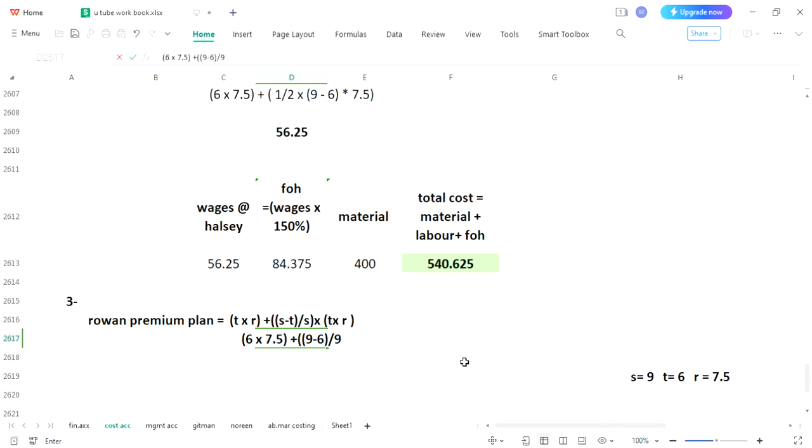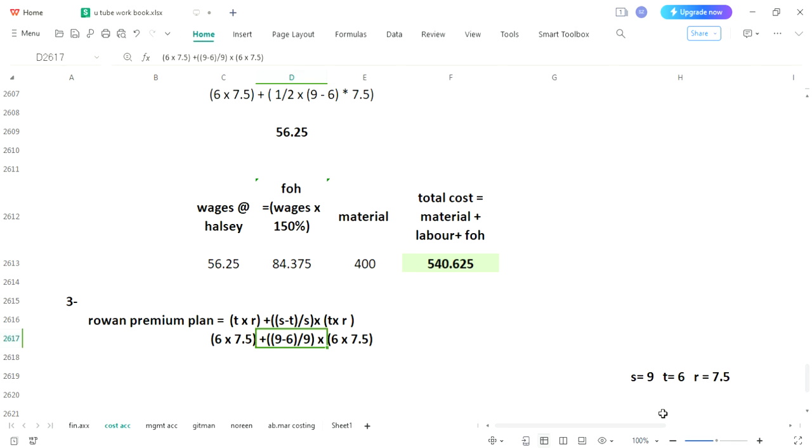Okay, again close your bracket, sign of multiplication, open bracket. We are following the last part. Time taken is 6, and it is needed to be multiplied by r per unit rate 7.5. Okay, close your bracket. So this was your statement.